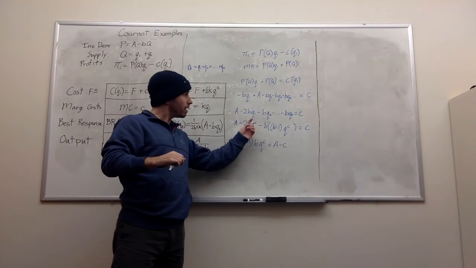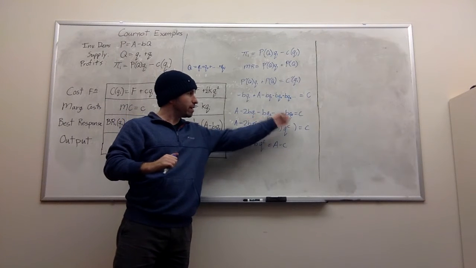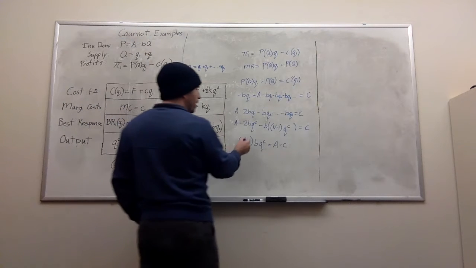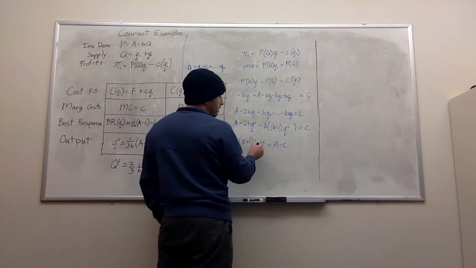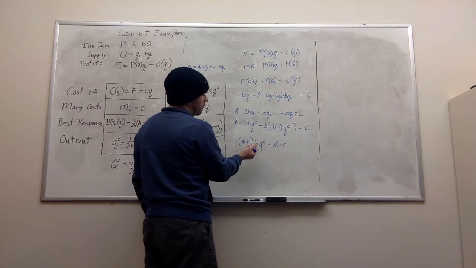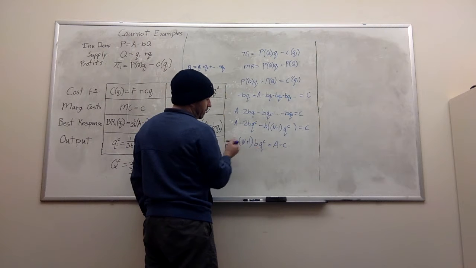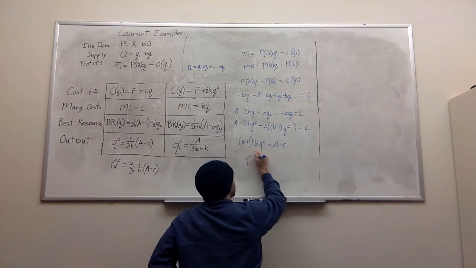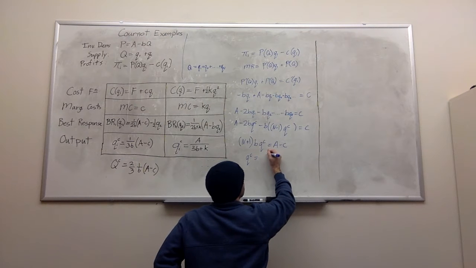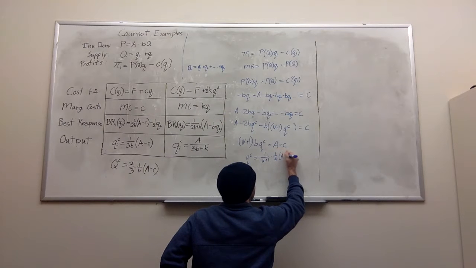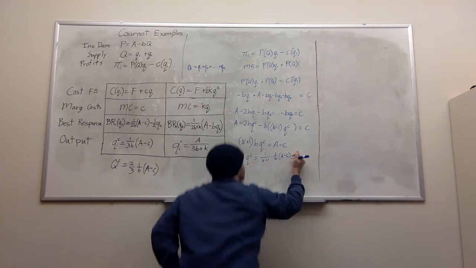But as soon as we impose that all of these Q's need to be equal to one another, we come out with this n plus 1 times Q. And then finish solving this for QC to get our equilibrium, which is 1 over n plus 1 times 1 over b times A minus C.